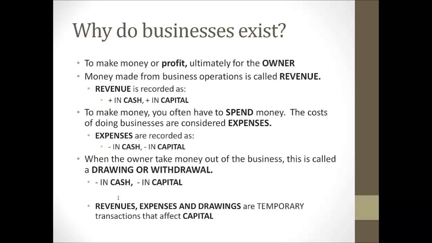Revenues, expenses, and drawings all affect capital, and these are called temporary transactions. What that means is that we often are not going to see them in the accounting equation, because all they do is affect capital, so they're all parts of capital. However, it is necessary for us to be able to identify each one of these and how they actually affect the business.